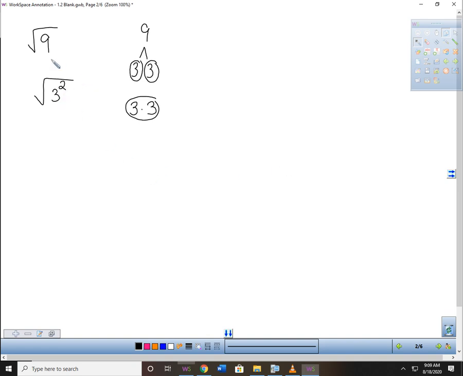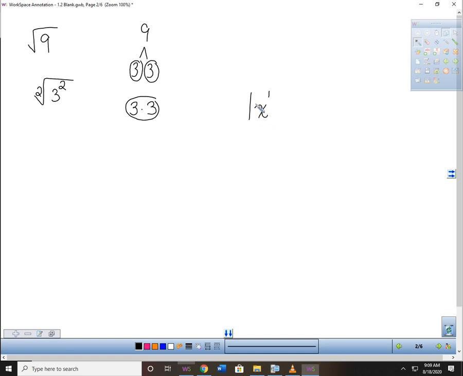Out here in this little hook, there is a number there, and that number is a 2. We don't write that 2 because it's just understood to be there. Kind of like if I say x, then the power is a 1, but we don't write that. If I say x, we don't say 1x.